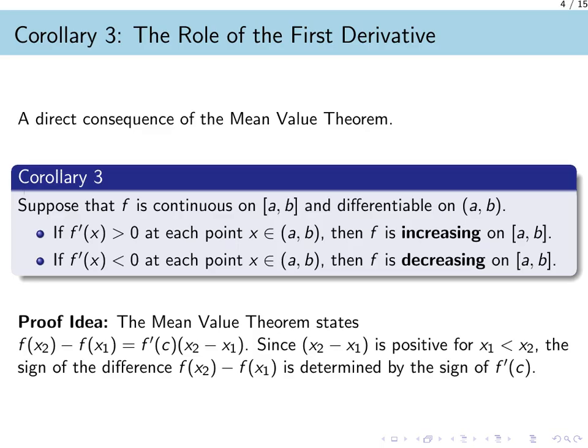This means the sign of the function's change depends entirely on the sign of the derivative, f prime of c. If f prime is positive across an interval, the function's value must rise, so the function is increasing, like walking uphill. If f prime is negative, the function's value must fall, and the function is decreasing. The simple takeaway is that a positive derivative means the function is going up, and a negative derivative means it is going down.